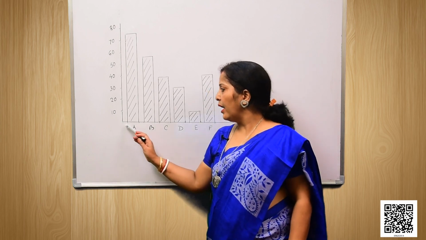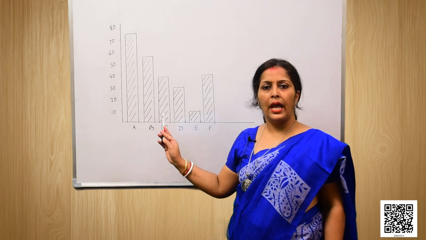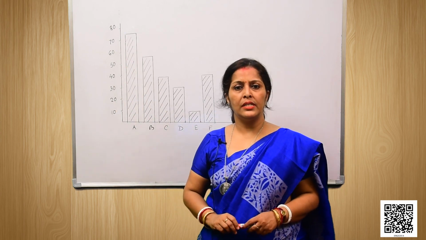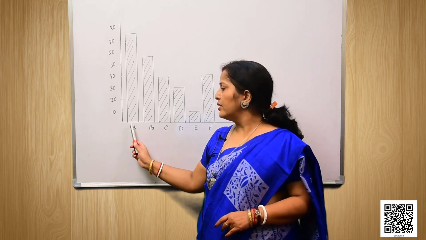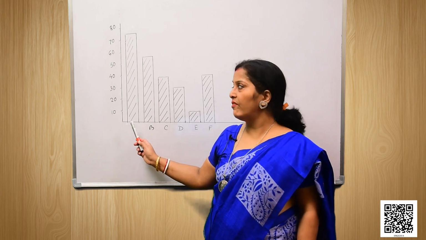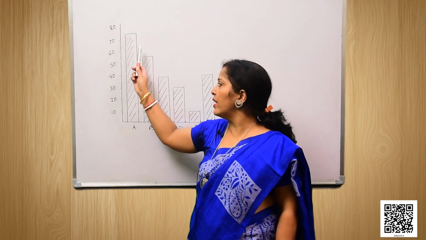Along with the horizontal line we have drawn the political party, and along with the vertical line we have drawn the seats won. On top of political party A, which has won 75 seats, we have drawn the bar graph up to the mark 75.